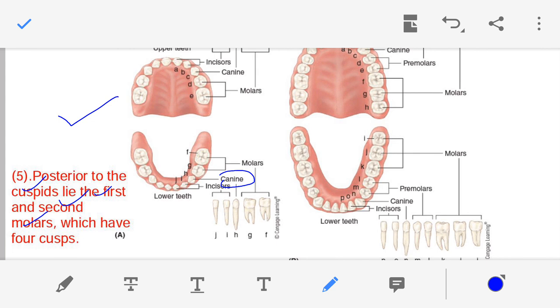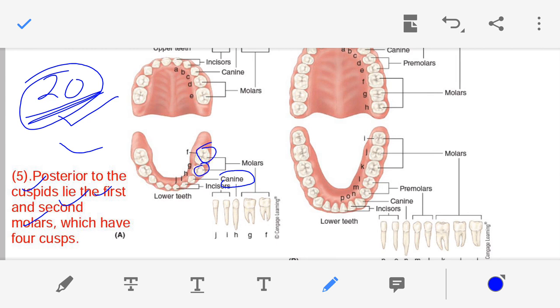This is the deciduous set we are talking about, with a total of 20 teeth. These are babies' teeth, and their number is 20. Posterior to the canine, as you can see, this one and this one are the molars.